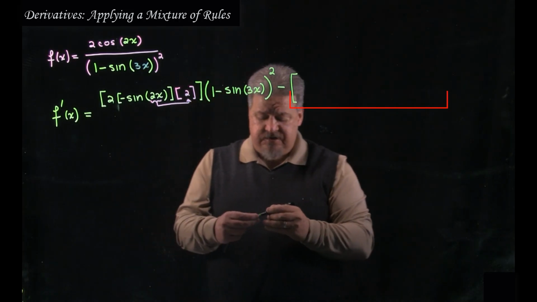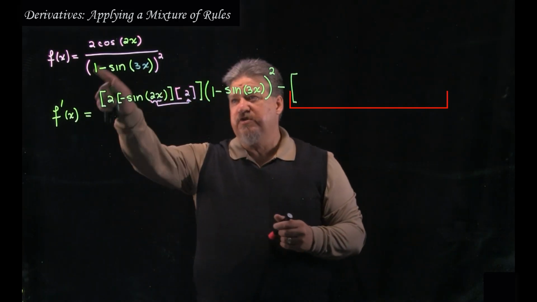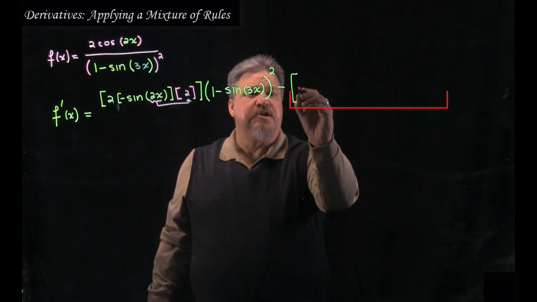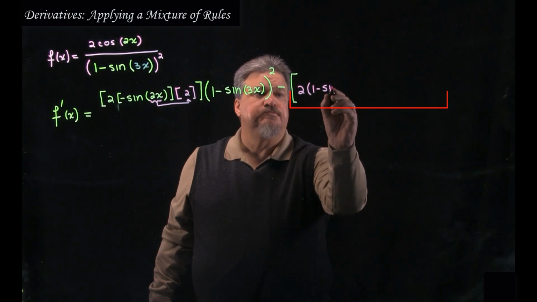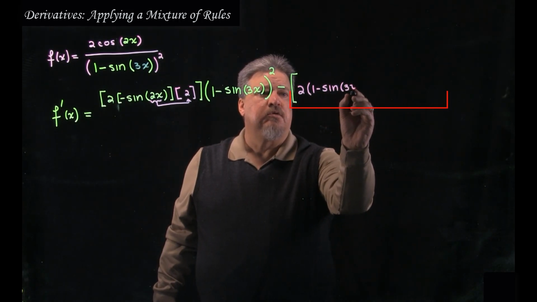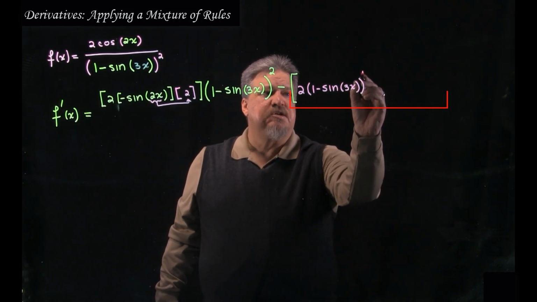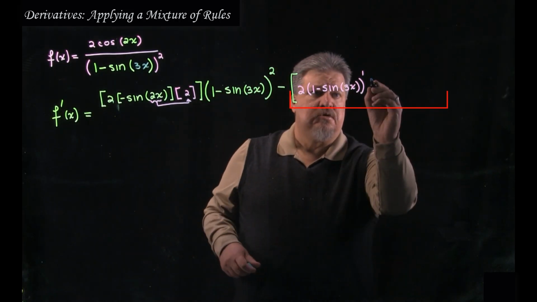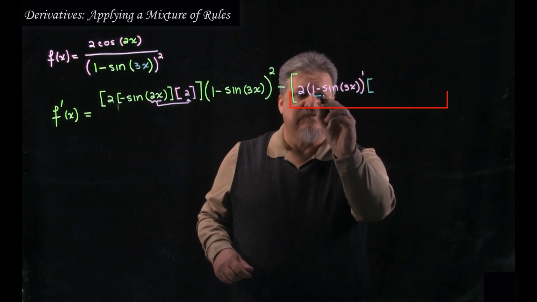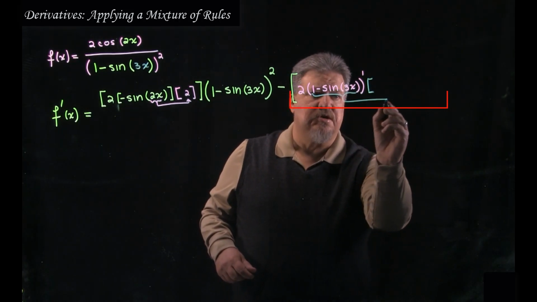All right, so now let's do the derivative of the denominator. It's another chain rule. 2 comes down, recopy the inside, decrease the exponent. Now I need the derivative of this inside function that I just recopied. That goes here.